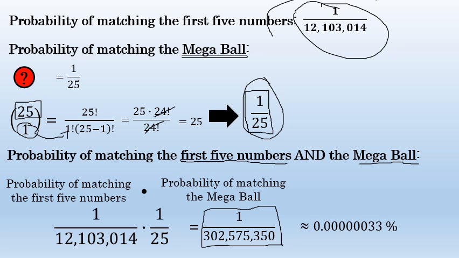As a percentage, this would be 0.000000033%. It's a long shot. In actuality, it's 1 in 302,575,350 to win the Mega Millions jackpot.